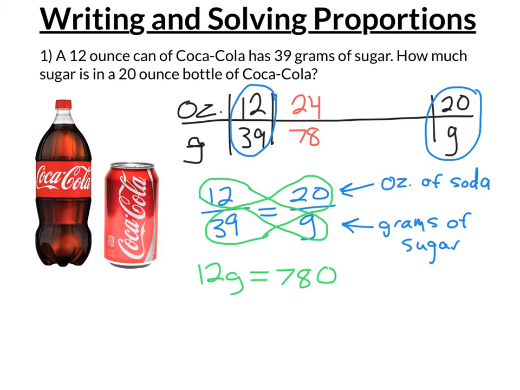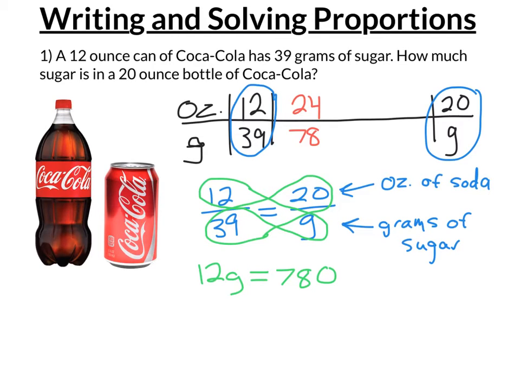And when we do the cross products with a proportion, they will always be equal. The numerator on this side times the denominator on this side will equal the numerator on this side times the denominator on this side. So we get 12G equals 780, and now we just have to solve.